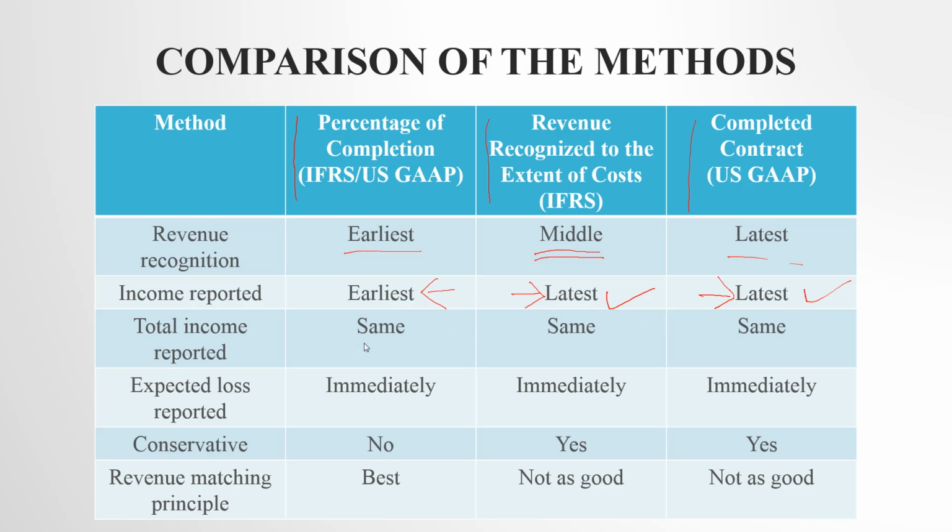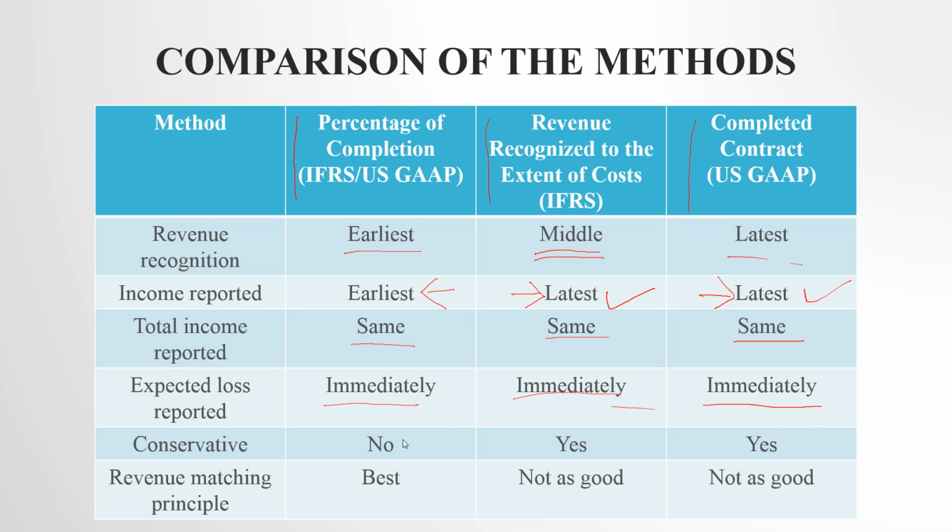The total income reported is the same in all the three methods, just as the total amount of revenue is the same in the three methods. Also, any expected loss is reported immediately under all the three methods rather than waiting for the contract to get completed.